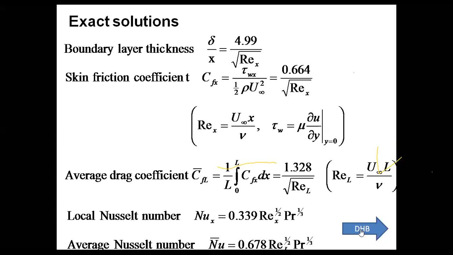That means when the Re value is less than 5 into 10 to the power of 5, that is 5 lakh. If Re value is less than 5 lakh, only these equations are valid. If Re value is more, then you have to look for a different set of equations. Please keep in mind, don't forget this. All these equations are available in the data handbook. Don't worry, don't remember them. You must just know how to use these equations.